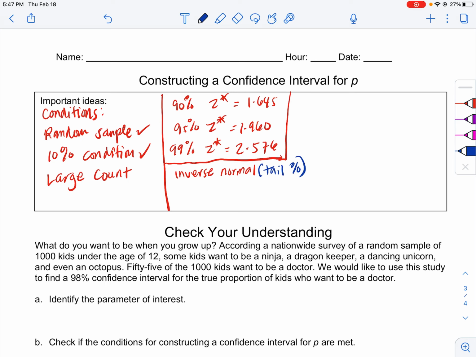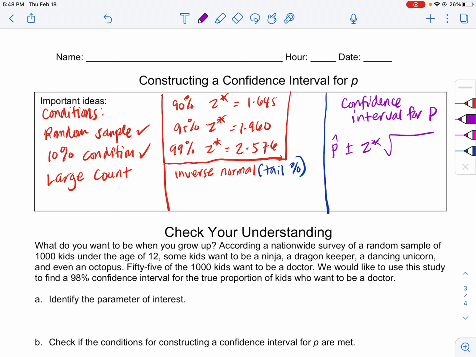So you're going to have 0.05 in the inverse normal. Okay, moving on. Our formula for confidence interval for P is point estimate plus and minus Z star times the square root of P hat 1 minus P hat over N. And remember, this is called the standard error.